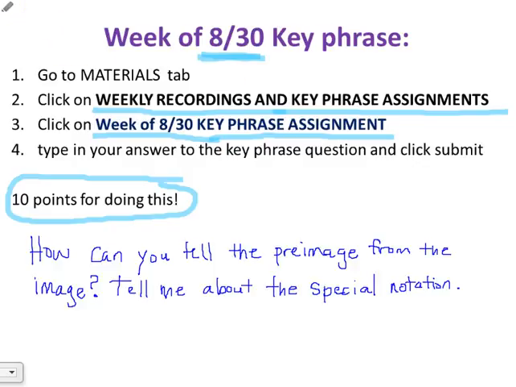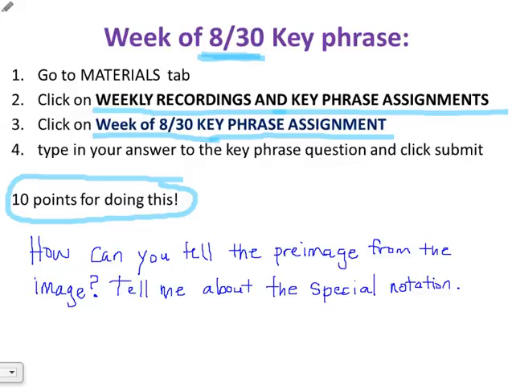All right, so here's the key phrase assignment. How can you tell the pre-image from the image? We talked about transformations in Unit 1, Session 1. When a transformation takes place, we go from the pre-image to the image. We talked about the special notation that's used so that we can tell which is the figure we start with and which is the figure we end with, and then we can figure out what kind of transformation has taken place.